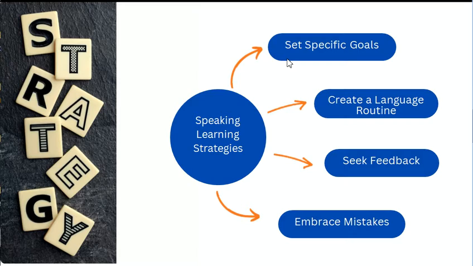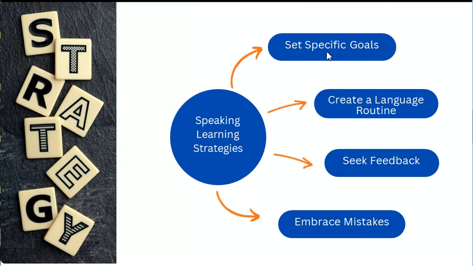So that is the method. Specific methods are called strategies. Like setting specific goals is the first step. That means now you are learning communicative English skills, and one of the chapters in communicative English skills is learning speaking skills. Once you have this, you have to set your goal.